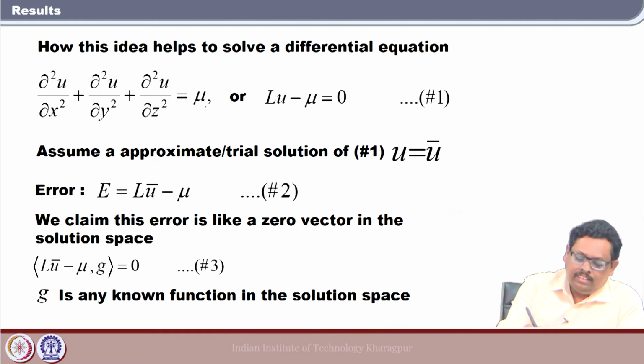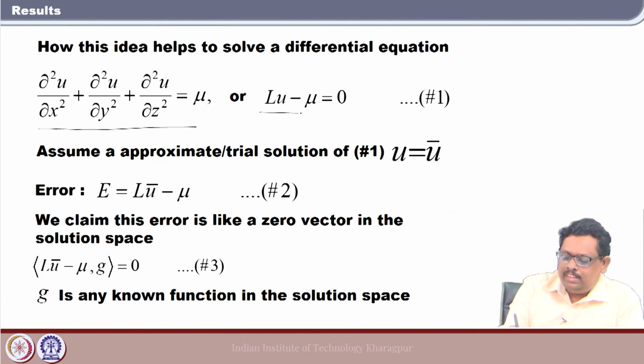Now, if you take this differential equation over here, I can write this equation in a more compact way: Lu minus mu equal to 0. Now, this is the normal way one could tell it. Now, let us consider this as an infinite dimensional space.